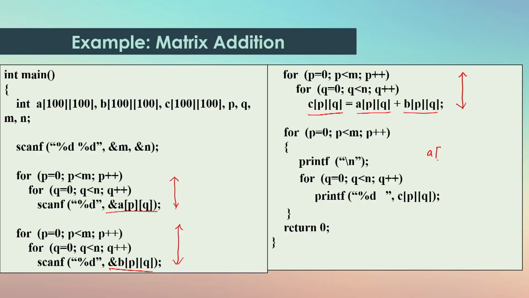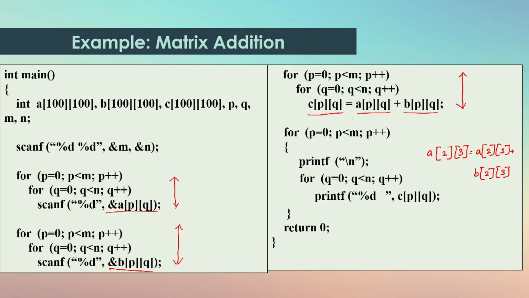Say for example, if you are going to add 2, 3, the same subscript is there for both the matrices, or the corresponding positions are added in both the matrices. That is the reason we use the same control variable of the loop for all the two-dimensional arrays.